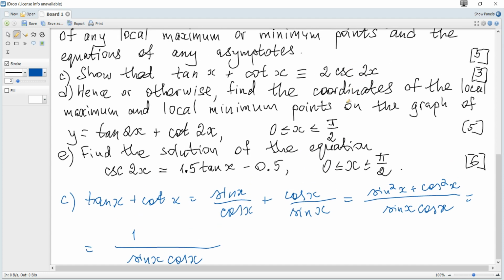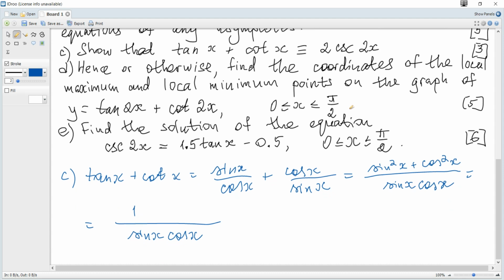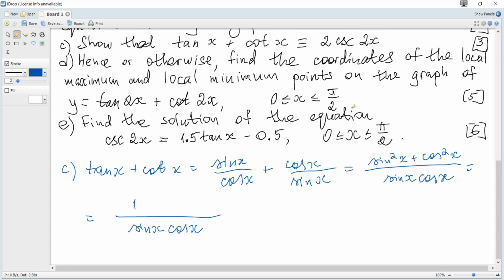We need cosecant, it's 1 over sine but of the double angle, and we know that sine of 2x is 2 sine cosine, so we need 2, so we can multiply numerator and denominator by 2, and we can see that it's 2 over sine of 2x, which is 2 cosecant of 2x as required.